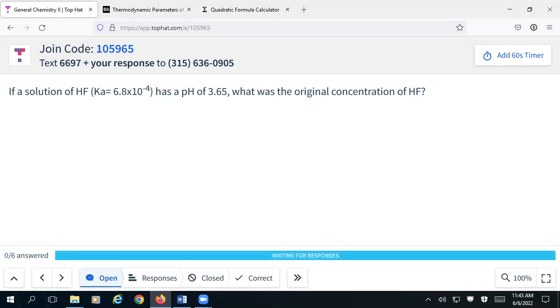So you have to do a little bit of backtracking here. Can you figure out the initial concentration? Still going to need to use an ice table, but you're going to use the ice table just a little bit differently. So interested to see what you come up with. We'll walk you through it in a couple of minutes.